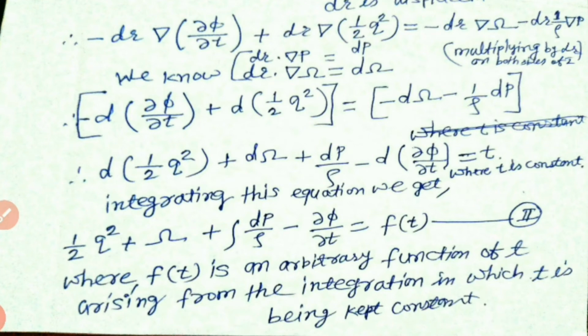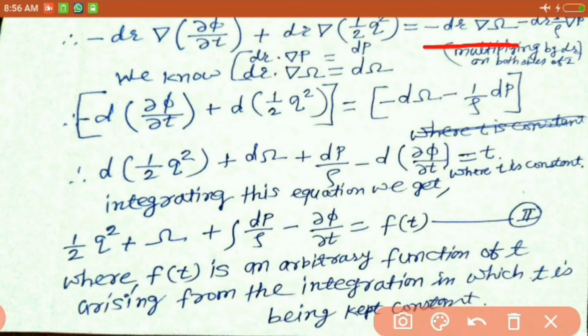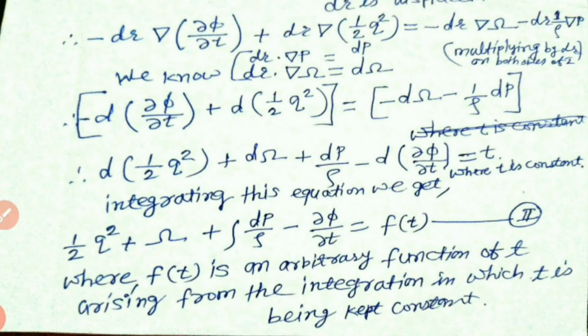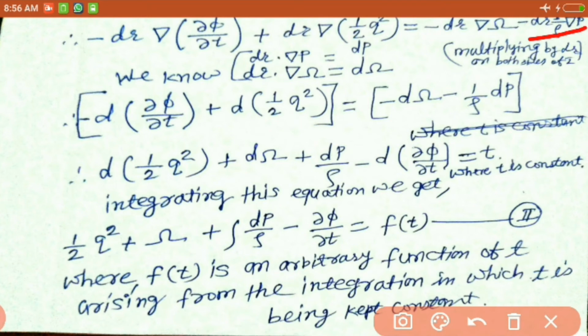We know dr del p is dp, and dr del omega is d omega. So what do we get?